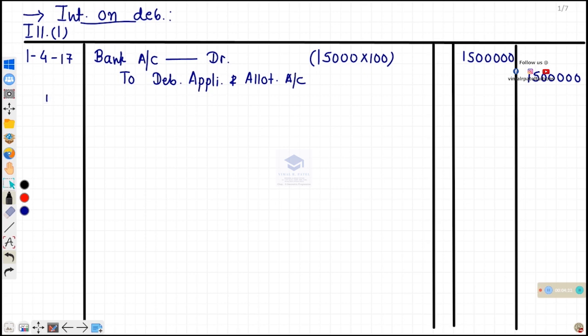Then to 11% debenture. This is the entry at the time of issue of debenture.